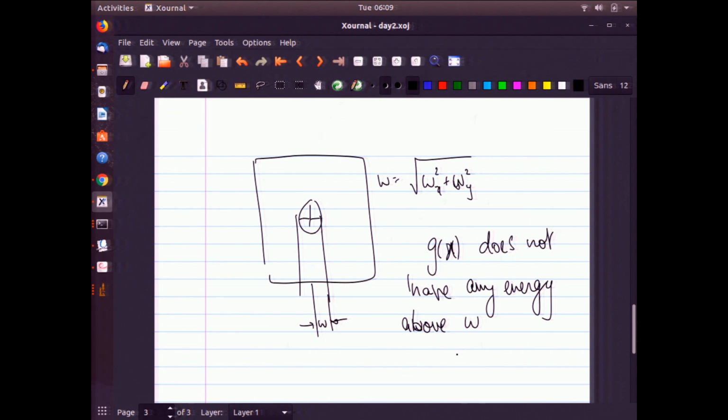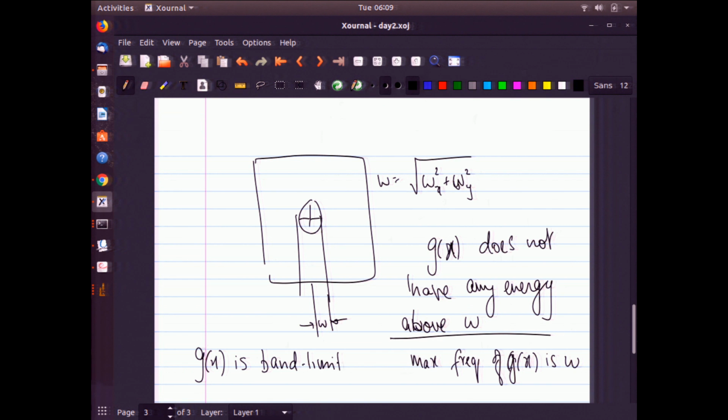This is also sometimes referred to as the maximum frequency of g of x is omega. In other words, g of x is band limited. This is a common term in signal processing, right?